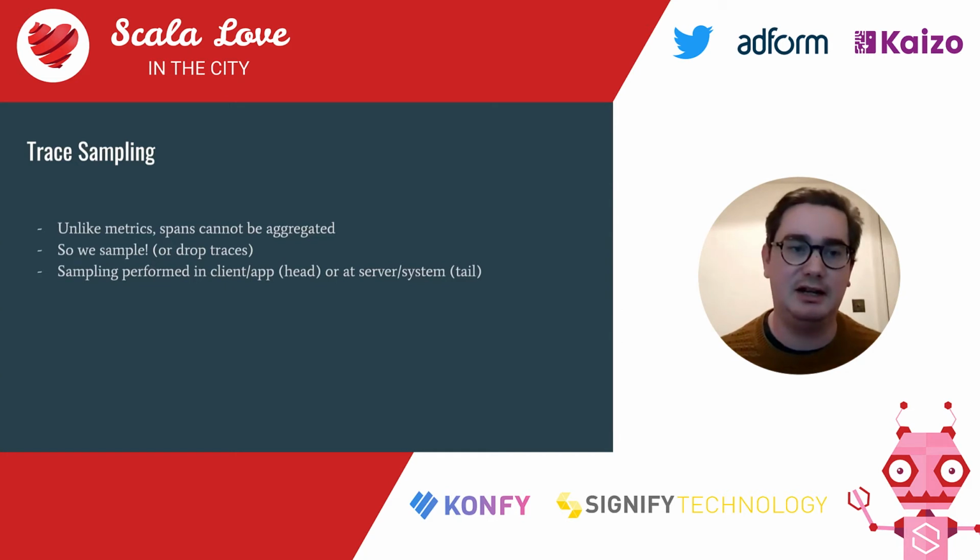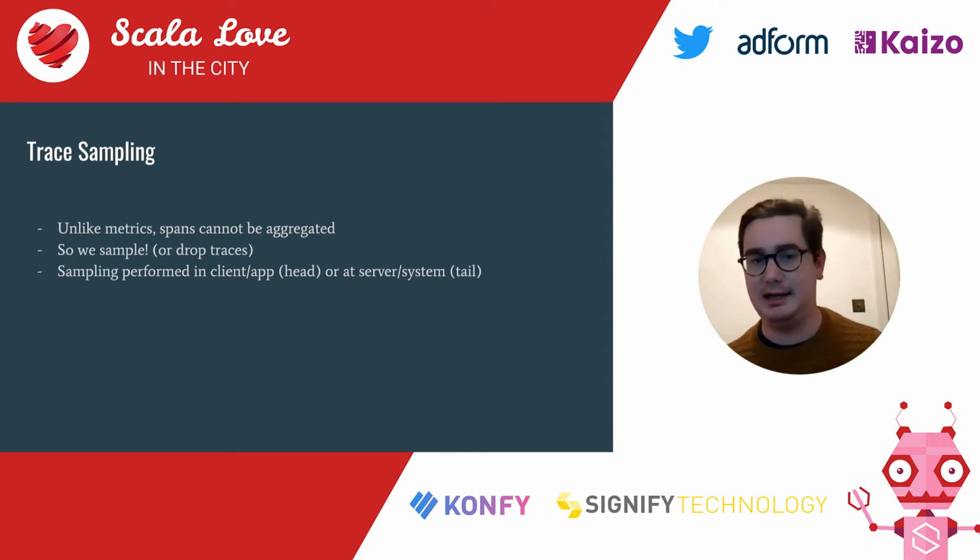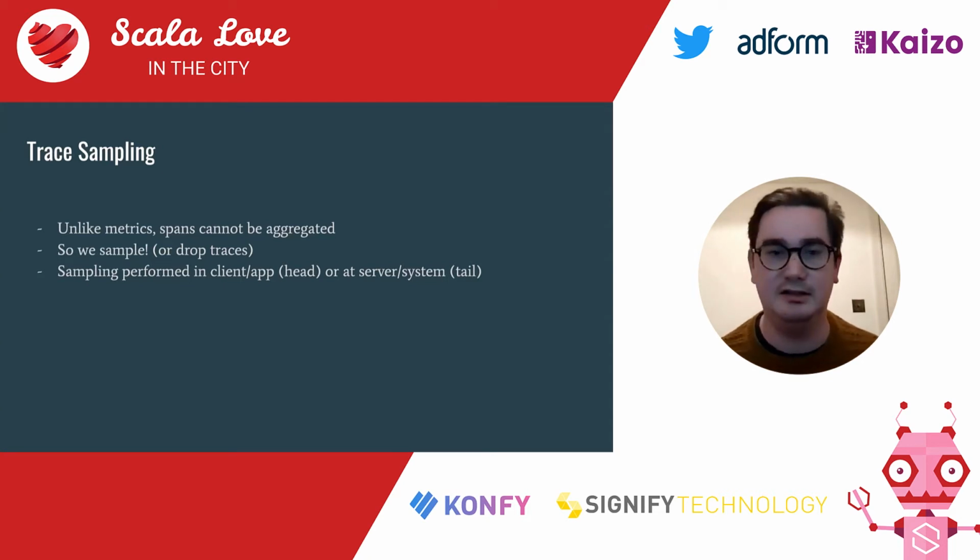But generally, there's a few different ways of sampling, and they're grouped into two types. Either in the client or app, and that's called head sampling, or in the server or system that receives spans, and that's called tail sampling. So if you're head sampling, you never send or trace the operation, but if you're tail sampling, then you will have traced the operation, but you choose to drop it later on.